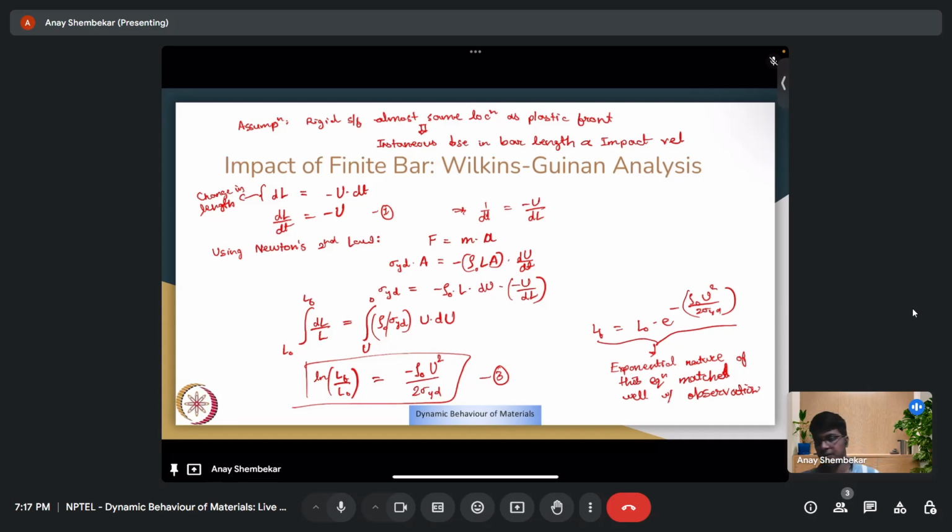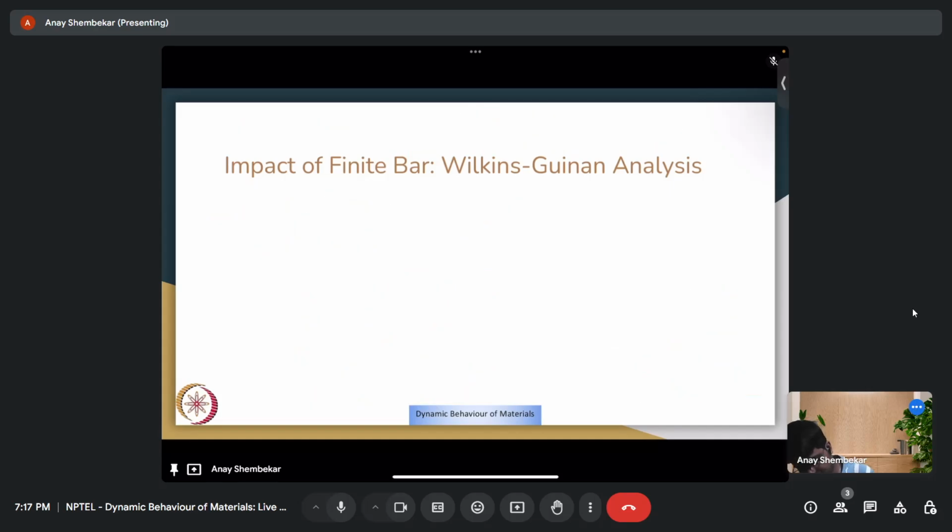So they went a step ahead and made another experimental observation. Another observation that they made was about the size of the plastically deformed material zone.